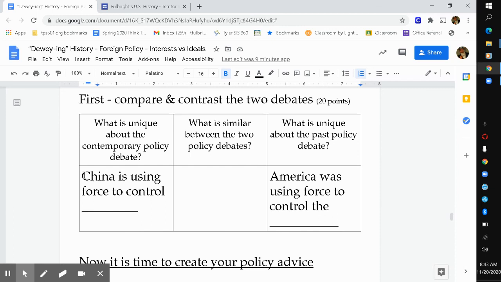Well, today, who's China using force to control? In the past, who was America using force to control? So what's the similarity? We have a world power controlling a smaller country that is itself fighting for democracy.